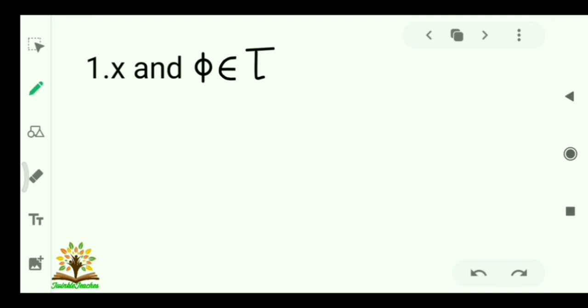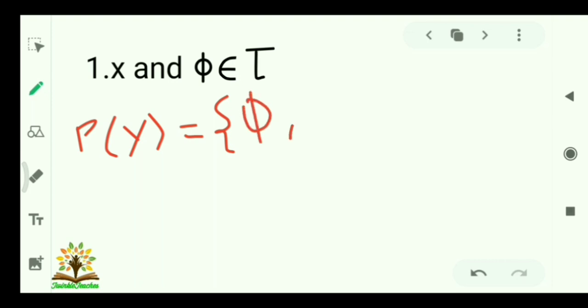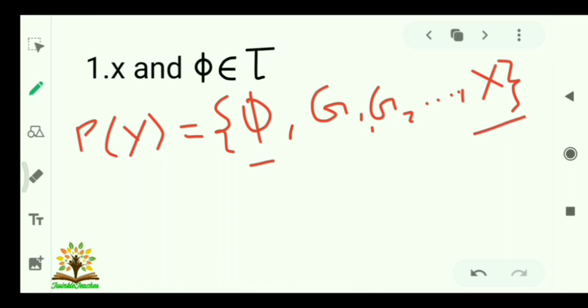First property says that X and phi should belong to tau. Here, the power set contains elements like phi, G1, G2 and X. So here we can see that phi and X both belong to the power set of X, and that is tau. So we can say that the first property is verified.